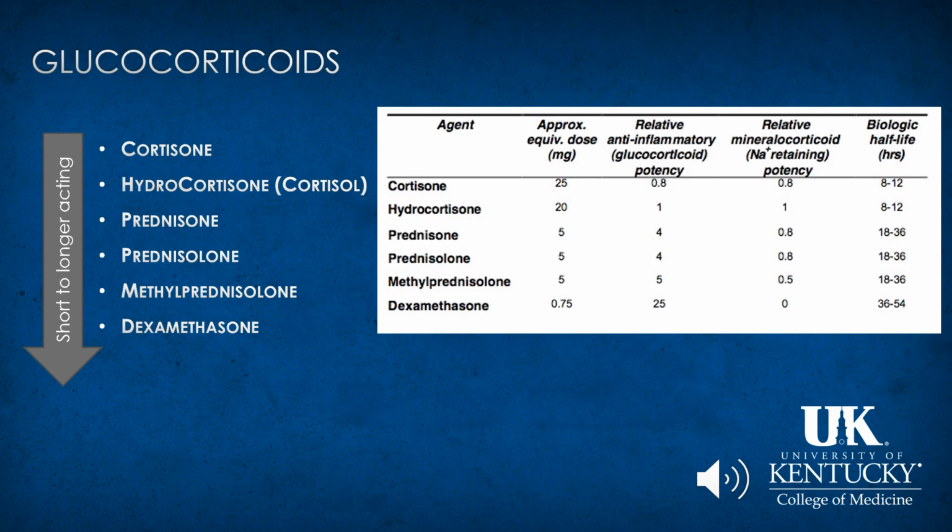Longer acting, in either oral or IV form, are prednisone and methylprednisolone. Here you see a shift towards glucocorticoid potency, and they are also longer acting. Dexamethasone, the glucocorticoid you most commonly give intraoperatively, has almost all glucocorticoid action, therefore anti-inflammatory, and has the longest duration, up to more than 2 days.